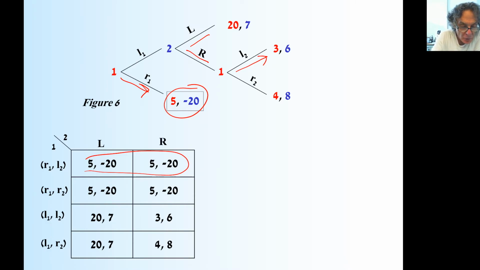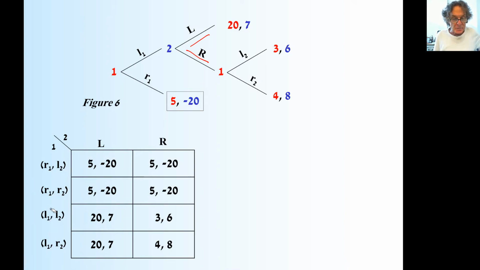What is this one? Again, I'm going R1 here. The only difference between this and this is how I play here. But if I go R1, it doesn't matter how I play here. So formally, this is the game, as you can see. All 4 strategies. What are the 4 strategies for player 1?